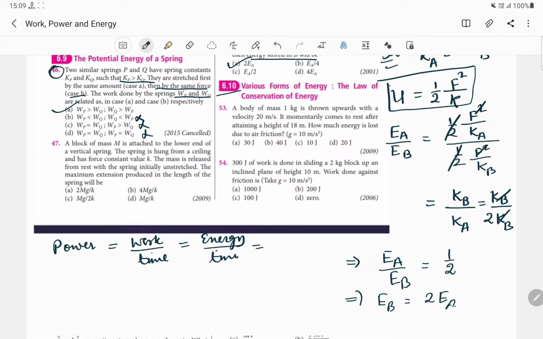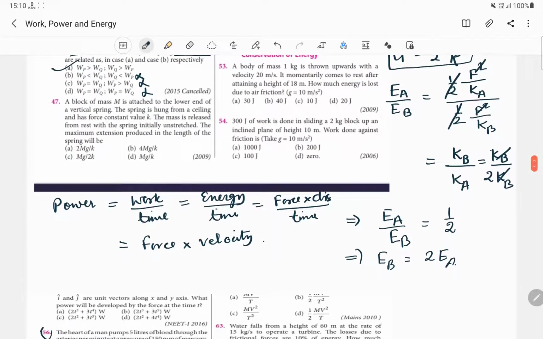What is the formula for work? Work is equal to force into displacement divided by time. We can also put it like this: power is equal to force into displacement divided by time. Displacement divided by time gives us velocity. This is also very important. So power P is equal to F dot V vector.